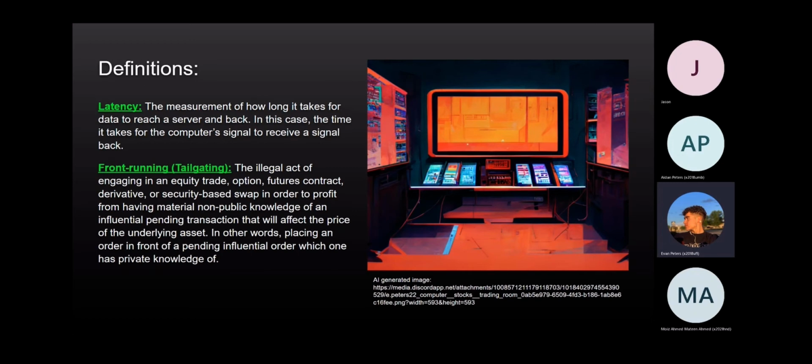So basically, all of these different words here, options, future contracts, forwards, all of these are just different financial contracts, financial instruments, and you're just placing your order in front of a pending influential order, which one would have private knowledge of, right? And this is illegal. I don't know if that's intuitive on why that would be, but it gives a very unfair advantage in markets.